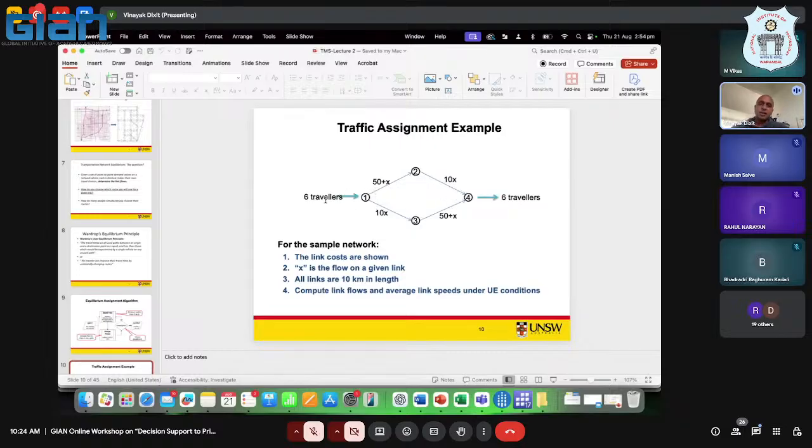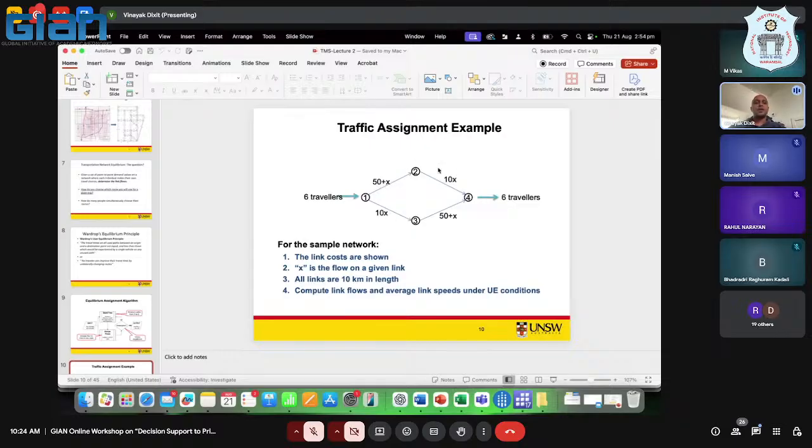So first we'll assign all these 6 travelers to one of them. Let's assign them to the first one. So this becomes 56 plus 60, correct? That is 116. And this one is only 50. So we'll take some of the vehicles from here and move them down.